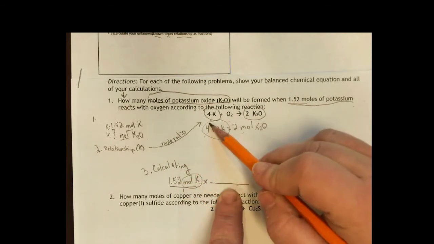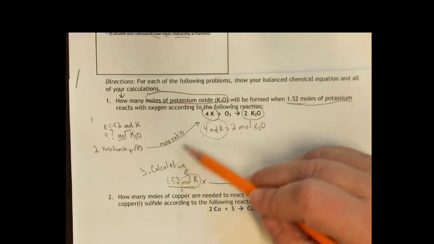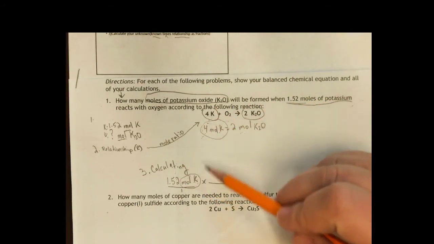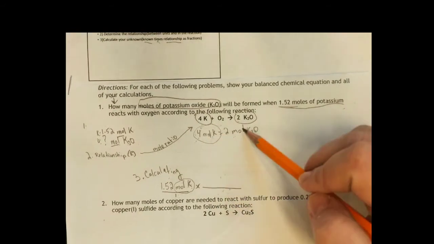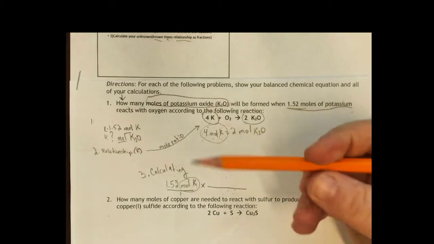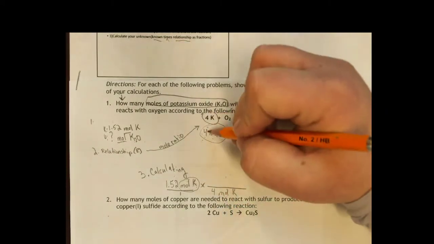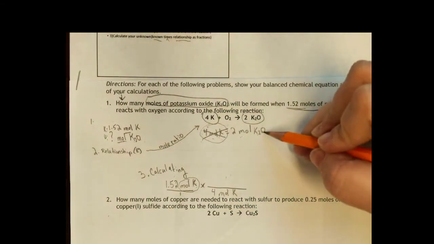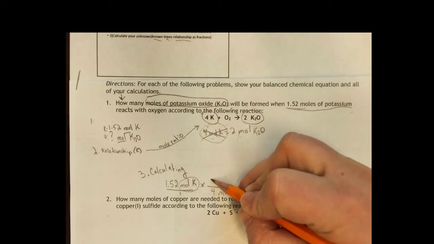If they were the same, our calculation would very likely come out wrong. We need these numbers to usually be different, and in this fraction you can only use the numbers that you got from the balanced equation. So the 4 moles of K go on the bottom. We used up that part of the relationship, so now we move this part into the fraction. The only place left is the top.